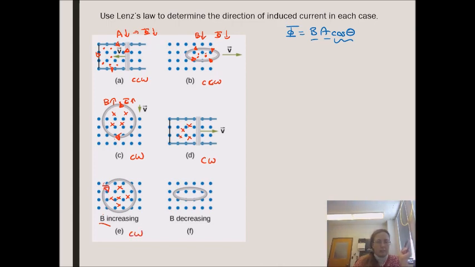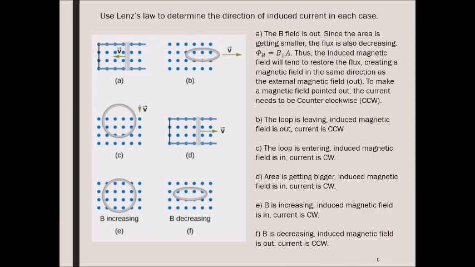So this is clockwise, and if B is decreasing, then it's going to say, no, don't leave. We want to create magnetic field lines coming out towards us. Again, out towards us, we grab the loop, we put the hand out towards us. The thumb at the bottom is going to the right, thumb at the top is going to the left. That means we are going in a counterclockwise fashion. So counterclockwise.